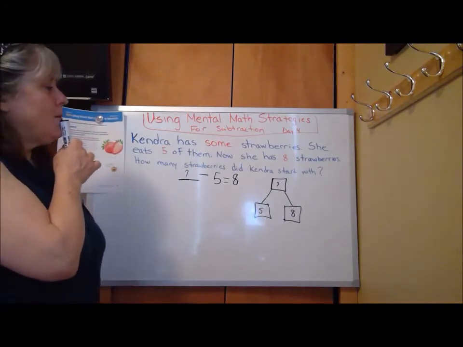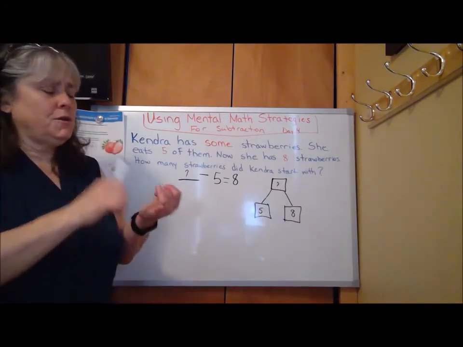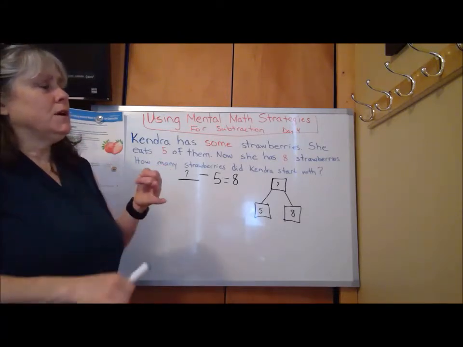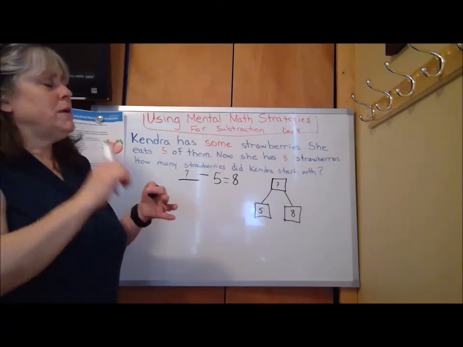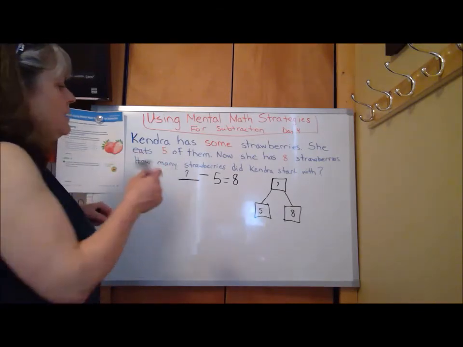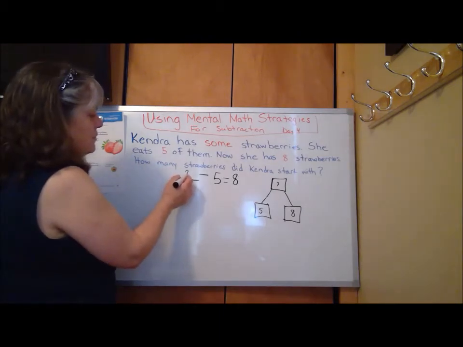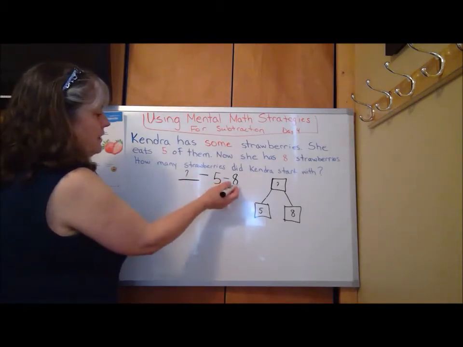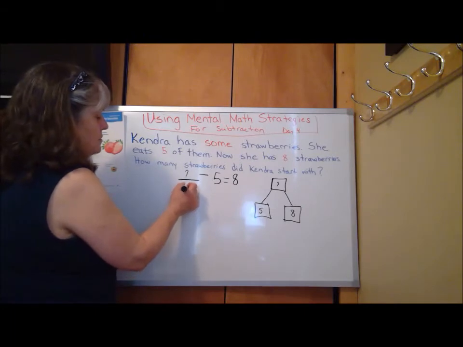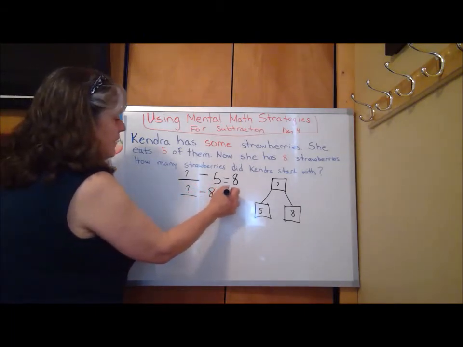So now I'm going to think, what are some of the strategies we talked about? We talked about making tens. We talked about doubles. We've talked about using our fact families. So let me think about the fact family one for a minute. If I know my first one is something minus 5 equals 8, then I can also say something minus 8 equals 5, right?